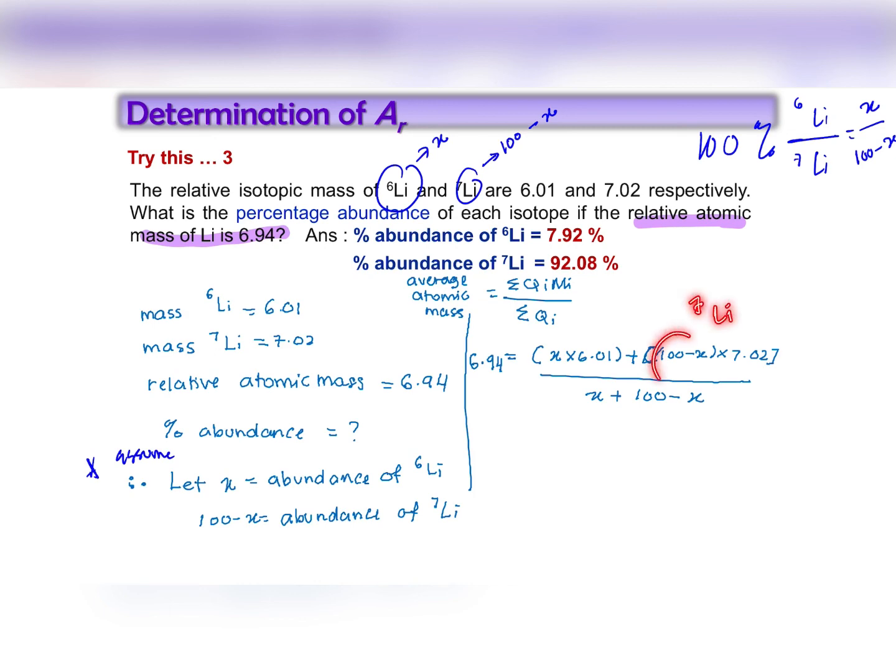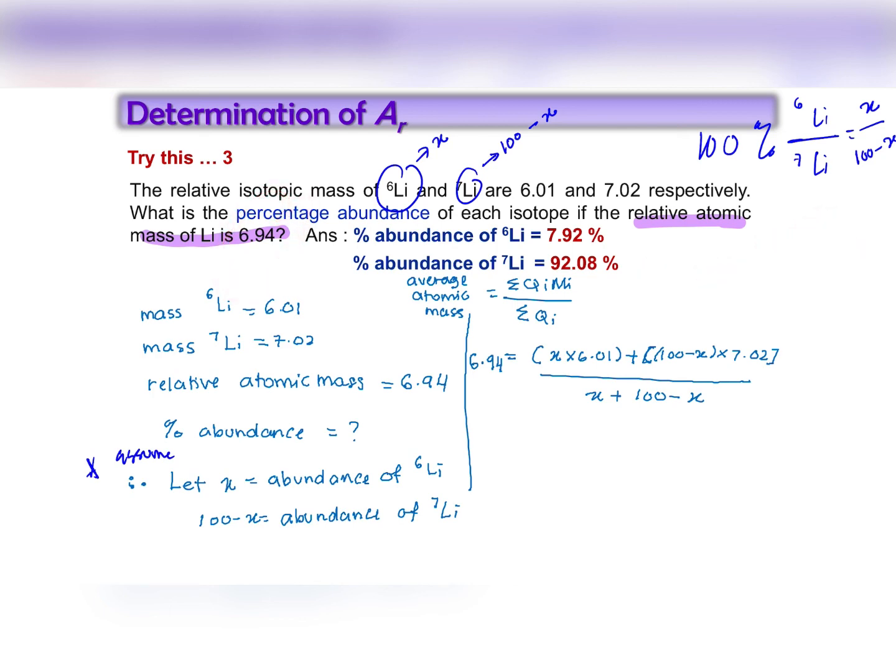So this is the abundance for lithium 7, 100 minus X, and this is the mass for lithium 7. Okay, divided by the total abundance, or in this case 100% because it is in percentage. Okay, so this is the average atomic mass. So how do we get the average atomic mass? From the relative atomic mass, and then you can get this average atomic mass.